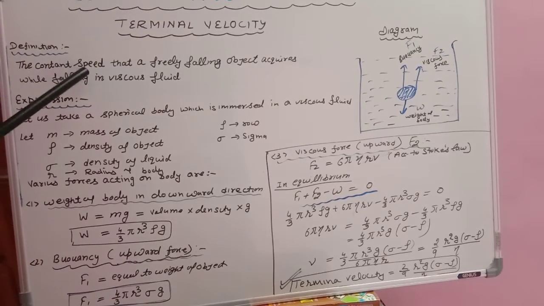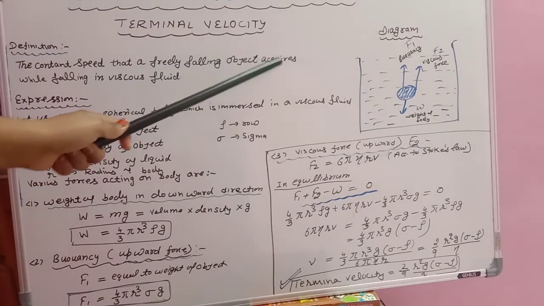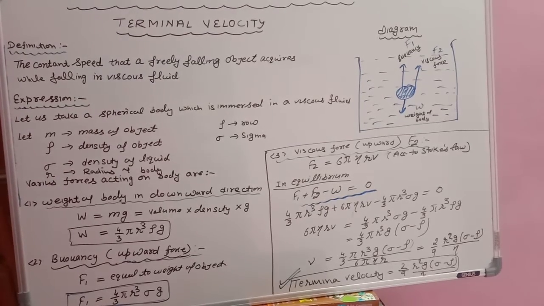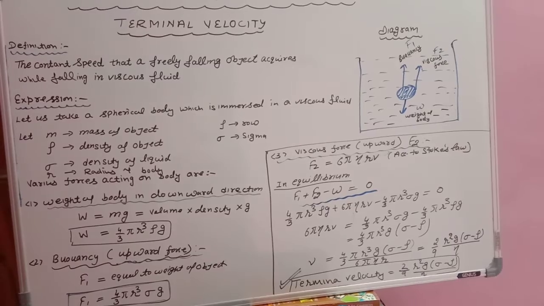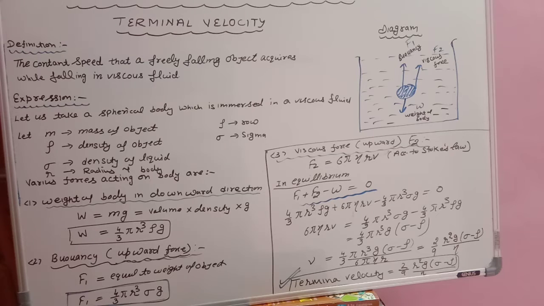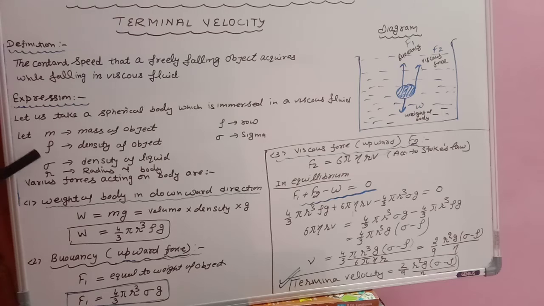Terminal velocity is the constant speed that a freely falling object acquires while falling in a viscous fluid. As I told you just now, the body will acquire a constant speed, and that constant speed we have given the name terminal velocity. Okay, the variables: small m is the mass of the object.